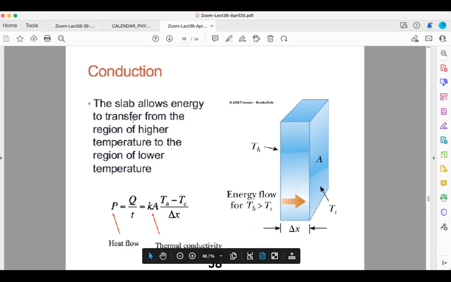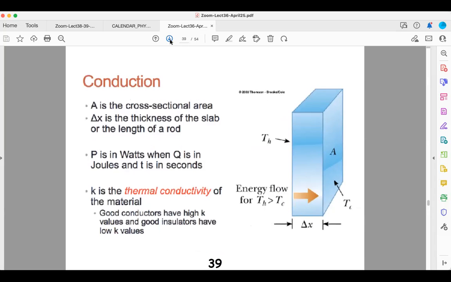These represent the power, the heat flow, how fast the heat flows. A is the cross-sectional area, delta x is the thickness of the slab or the length of a rod, and P is in watts, Q is in joules, and t is in seconds. So k is called the thermal conductivity of the material.